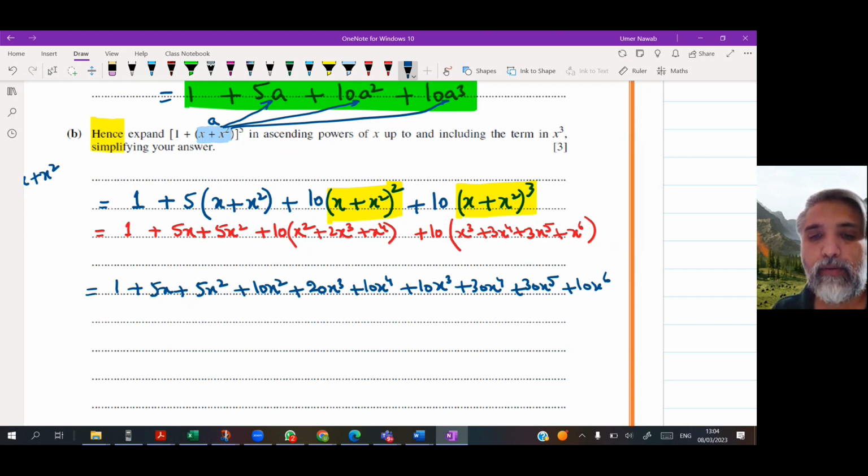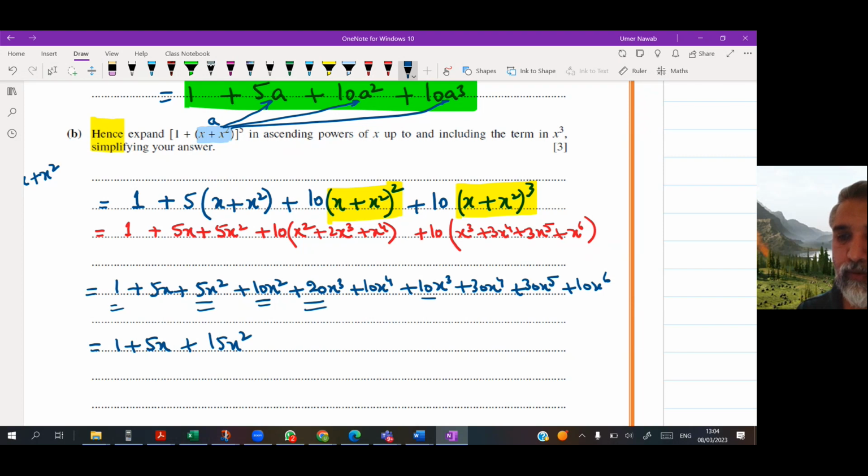Hence expand it to x power 3. 1 plus 5x. Do we have any 5x? Okay, no. So plus 5x squared plus 10x squared is 15x squared, and x cubed is plus 30x cubed.